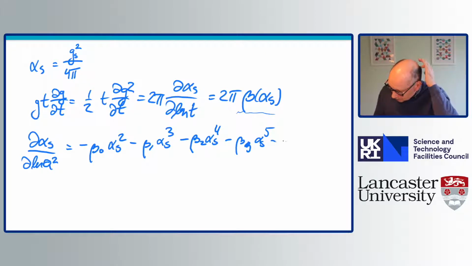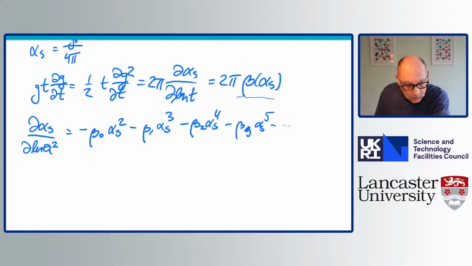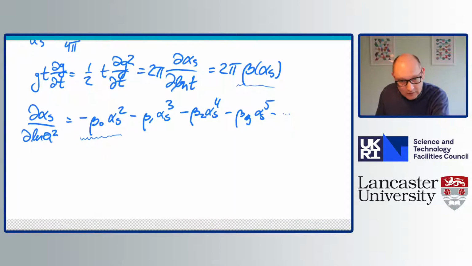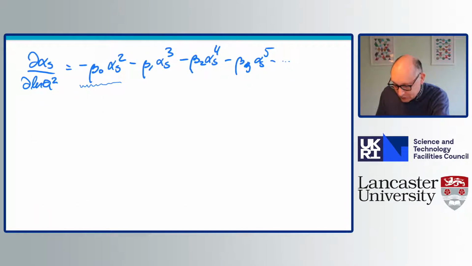So there are certain things worth looking at here. The first one is that for gauge theories, the beta function will always start at alpha s squared. There will never be a linear term in that evolution equation.